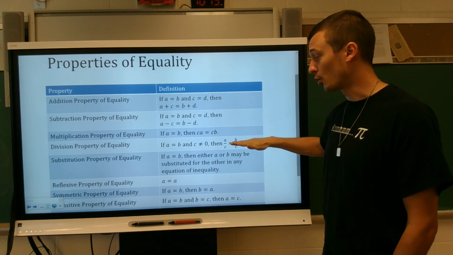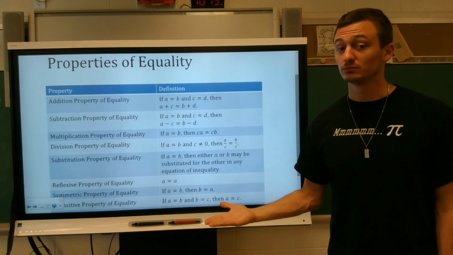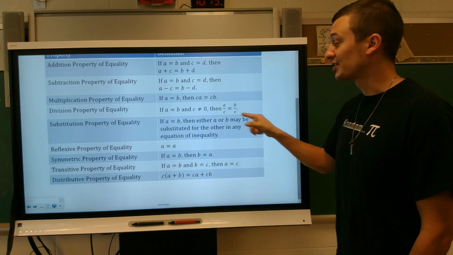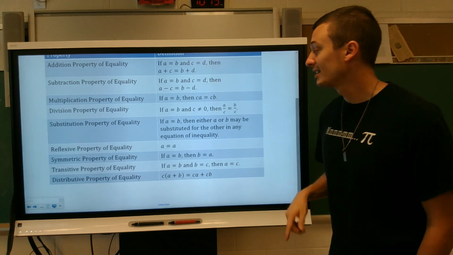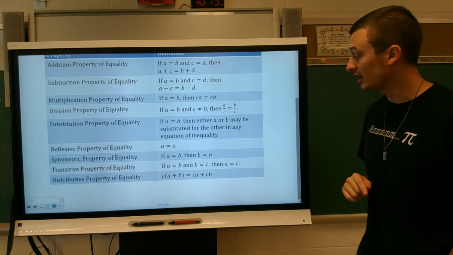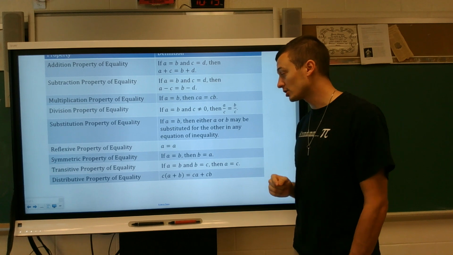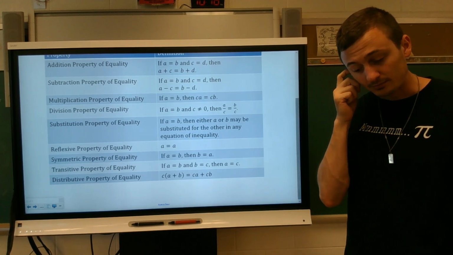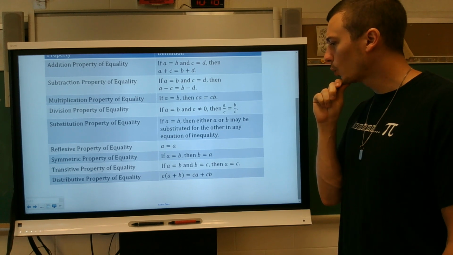Yeah, so the first 4 is algebra. Nothing super involved there. The substitution property of equality says that if A and B are equal, then either A or B may be substituted for the other in any equation, or that should be or inequality. So what does this mean?